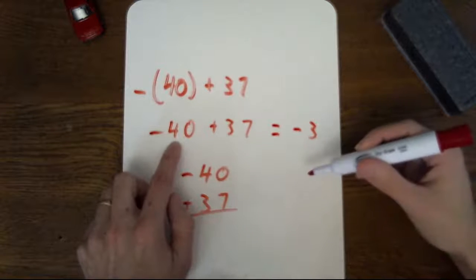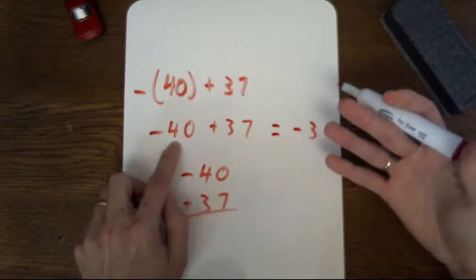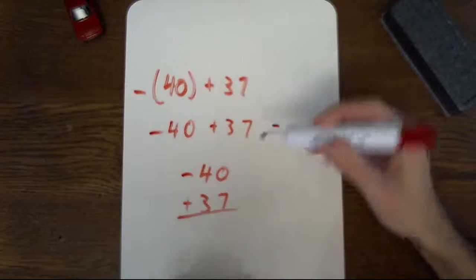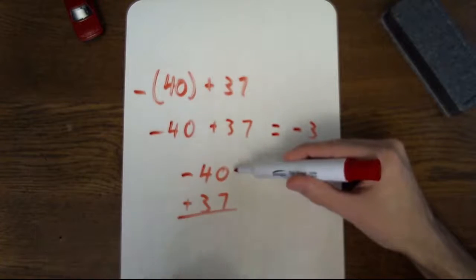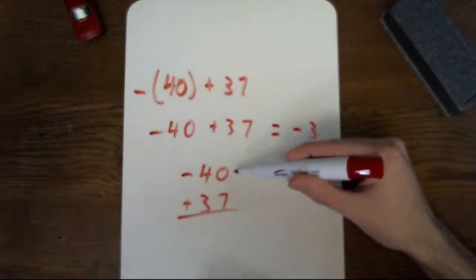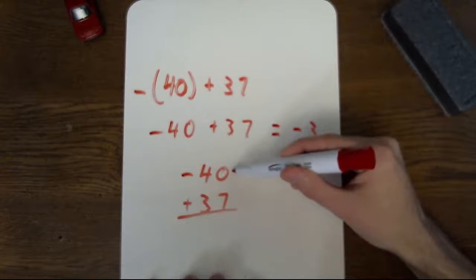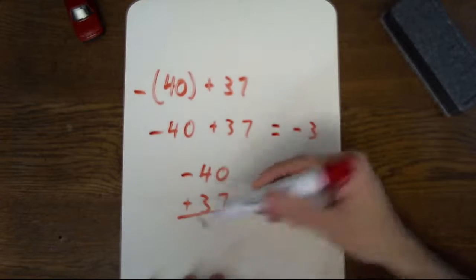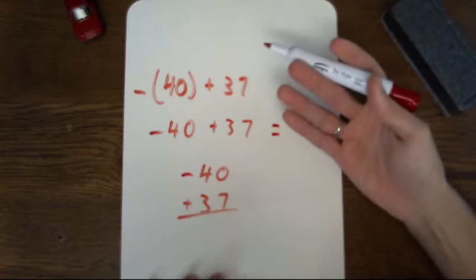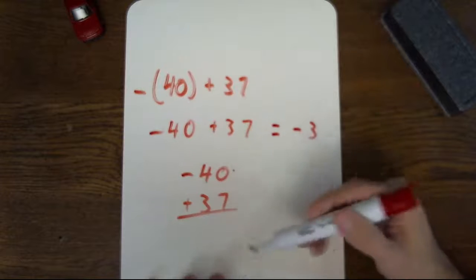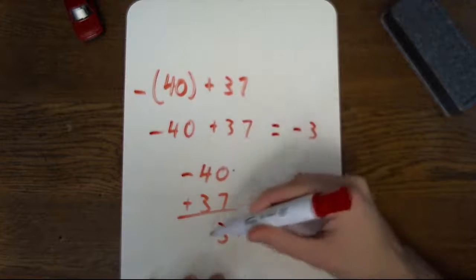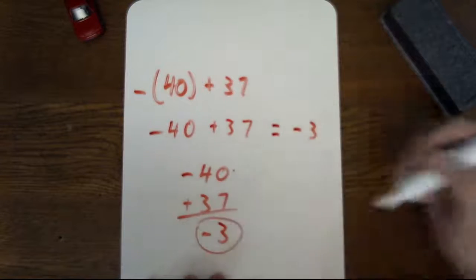That's the way I like to think about it, because I like to relate it to real life examples. But here you can see the number with the bigger absolute value is on the top, and it's negative. So negative, positive, different signs. So you find the difference, meaning you subtract them. 40 minus 37 is 3, but the bigger number is negative, so -3.